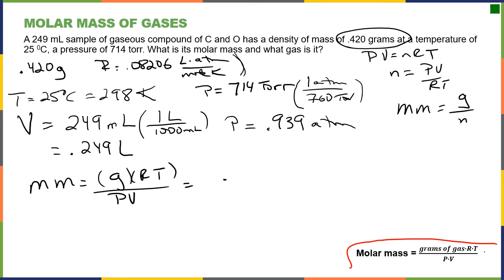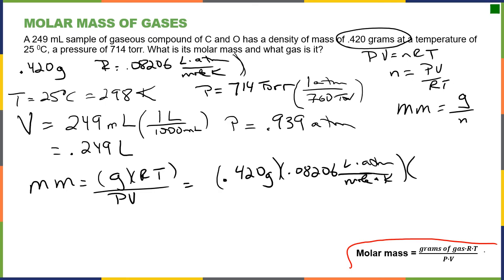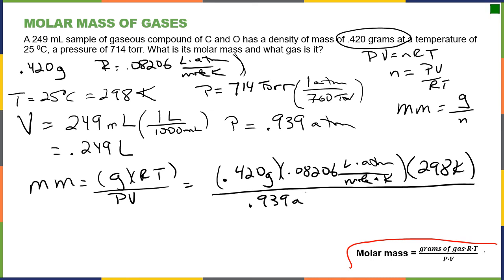So we're going to plug it in. 0.420 grams multiplied by R, 0.08206 liters atmospheres per mole K, multiplied by the temperature in kelvins, which is 298, divided by the pressure, 0.939 atmospheres, multiplied by the volume in liters, 0.249 liters. All right, we solved that. It's going to give us molar mass. That's 43.9 grams per mole.